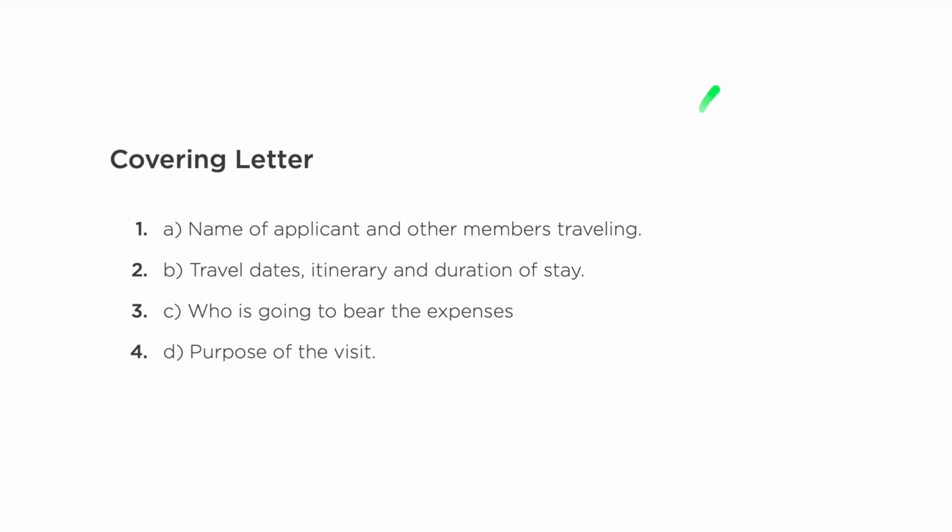It should have your name, who all are traveling with you, and the itinerary, what tourism you are doing, and who is going to bear your expenses. It's pretty detailed, explaining the purpose of your trip. The checklist is basically a paper where you tick the documents submitted to the visa officer.